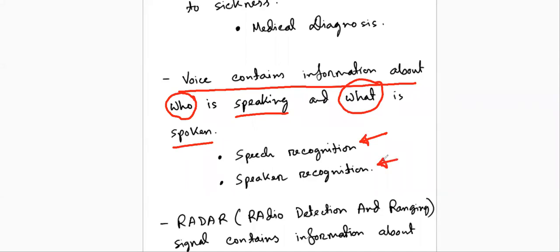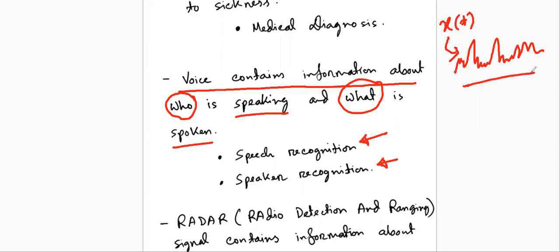This is a very common application of DSP. Let's say I have some voice recording. From this voice recording, all the signals we can represent by x(t). This is an analog signal. Now our task is to find who is the speaker.